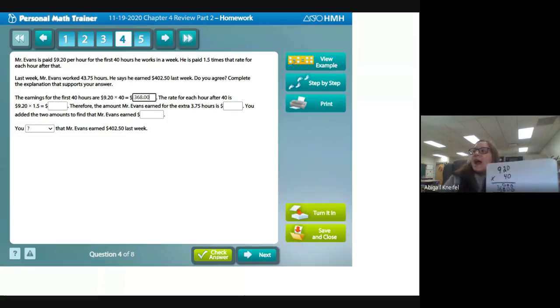All right. Now it says the rate for each hour after 40 is 9.2 times 1.5. Like this problem literally tells you exactly the problems to work out. So now you're doing this problem, 9.20 times 1.5. So we need to figure out how much he earns for his overtime hours is what we're figuring out.